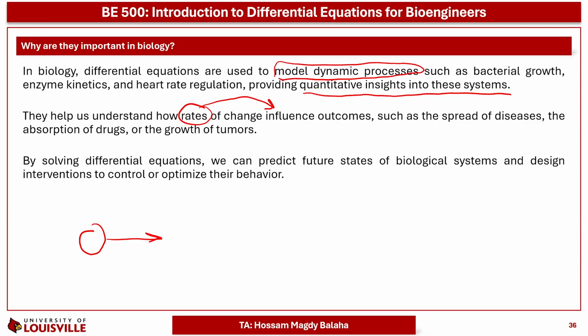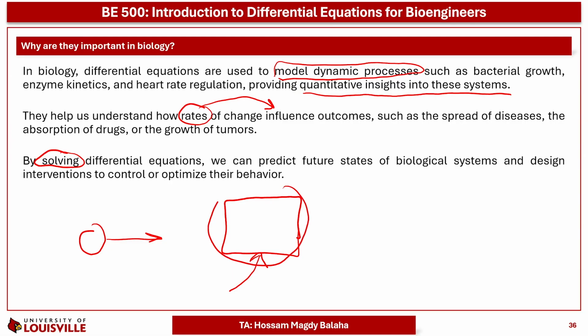If we have a differential equation and we solve it, we can predict future states of this biological system. Based on that, we can design and control the behavior of these systems. So the aim now is that we have a differential equation. We need to understand it and categorize it correctly, as we are going to see in this lecture.